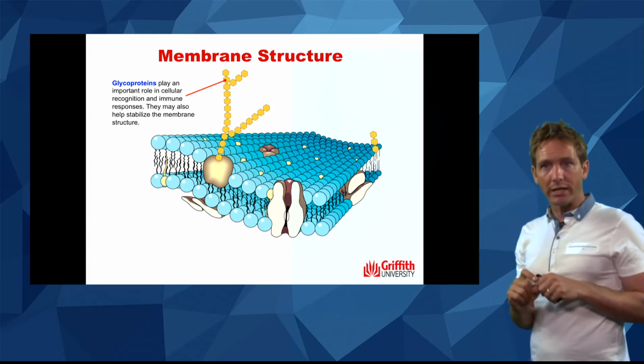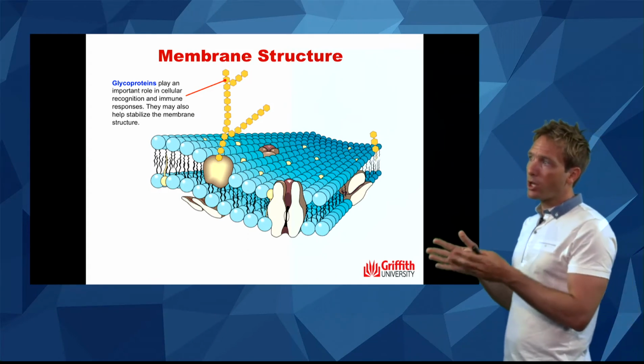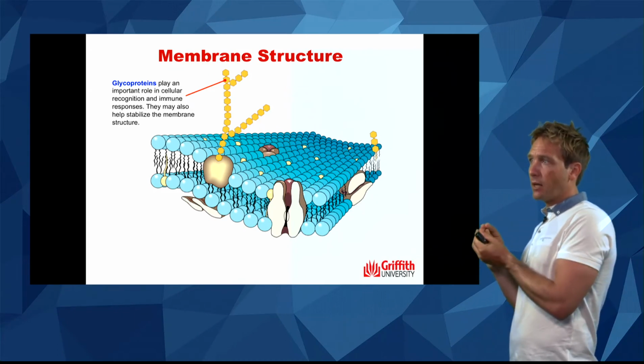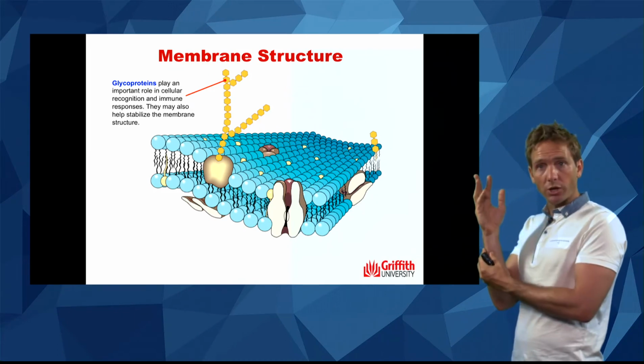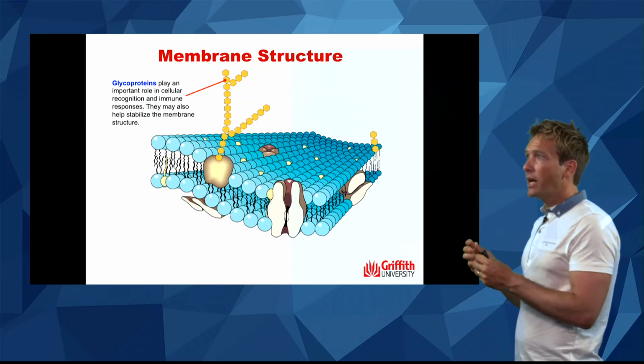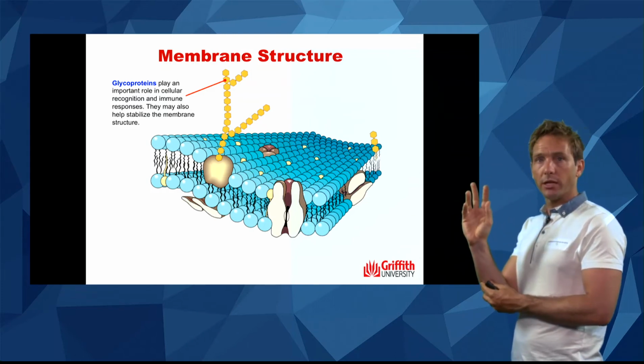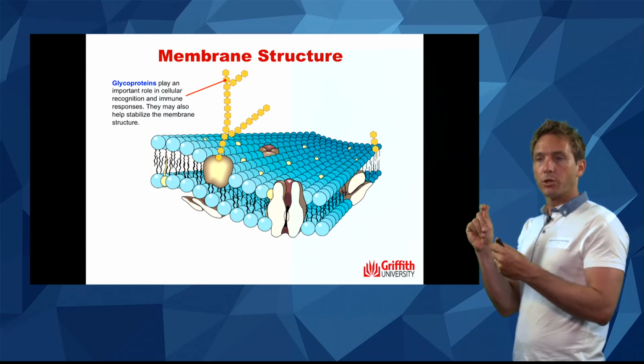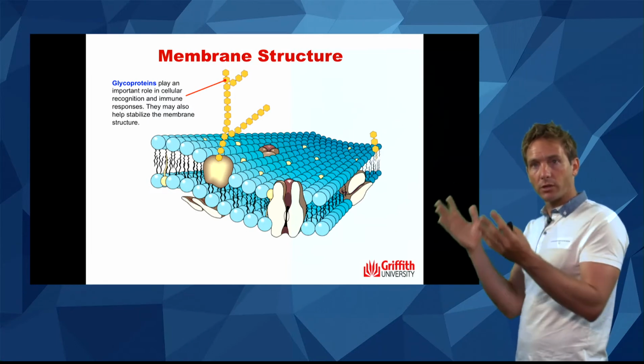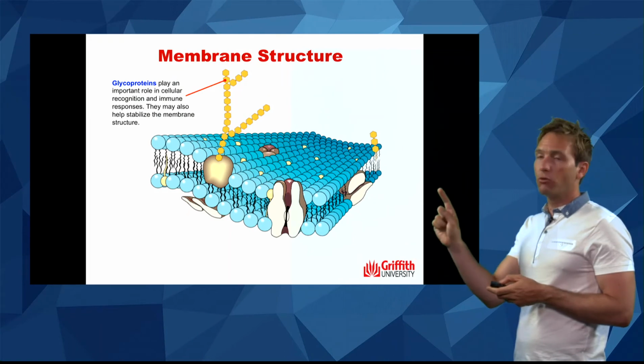So all I really need you to know is that the glycoproteins have these kind of tree-like structures that are carbohydrates, and that tree-like structure allows the glycoprotein to communicate with outside cells, and it's used in recognition.